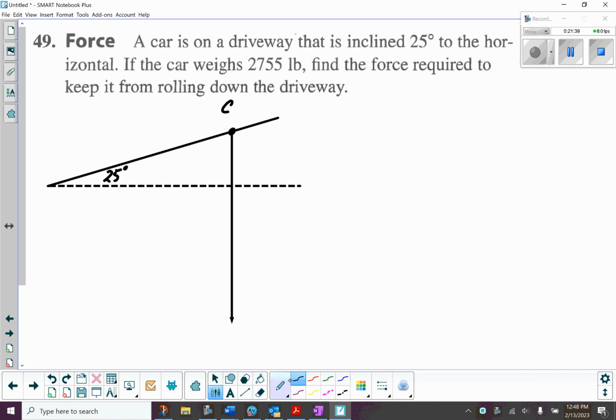Okay, well, don't have to worry about that too much. It's always going to be vertically down. The weight of the car is always going to be a vector that's vertically down. And if we measured the incline of the driveway from a horizontal, we're always going to have a right triangle here.